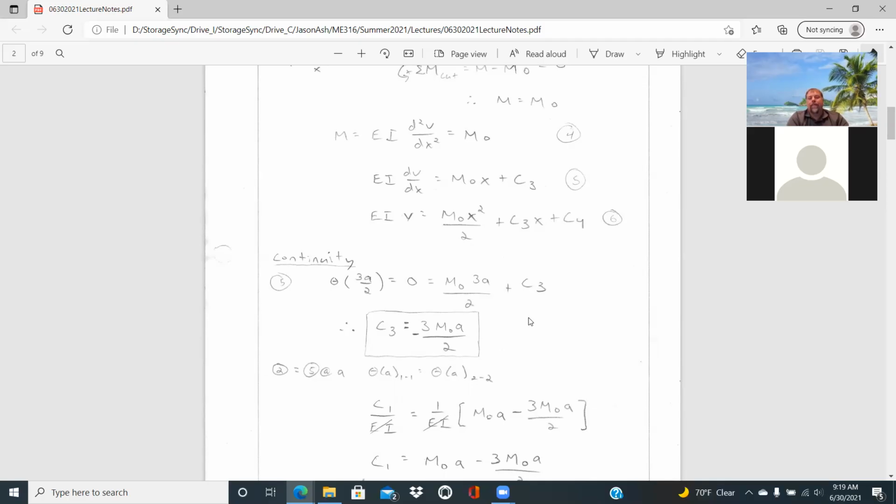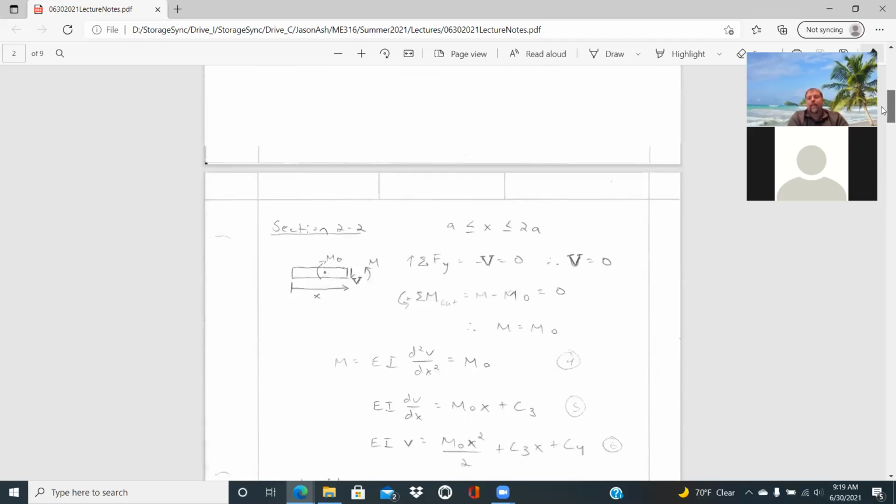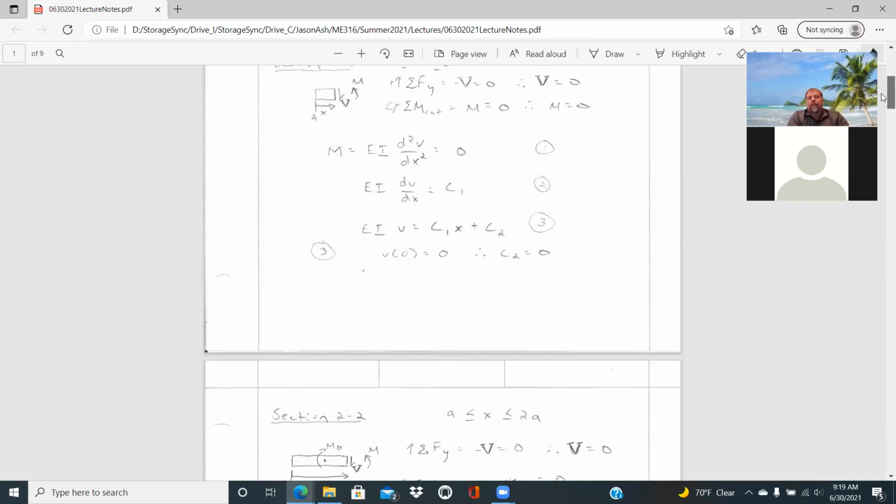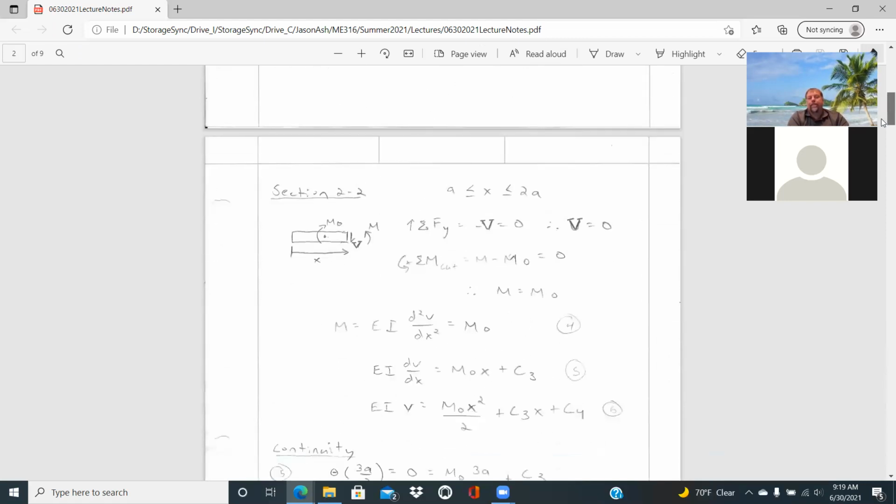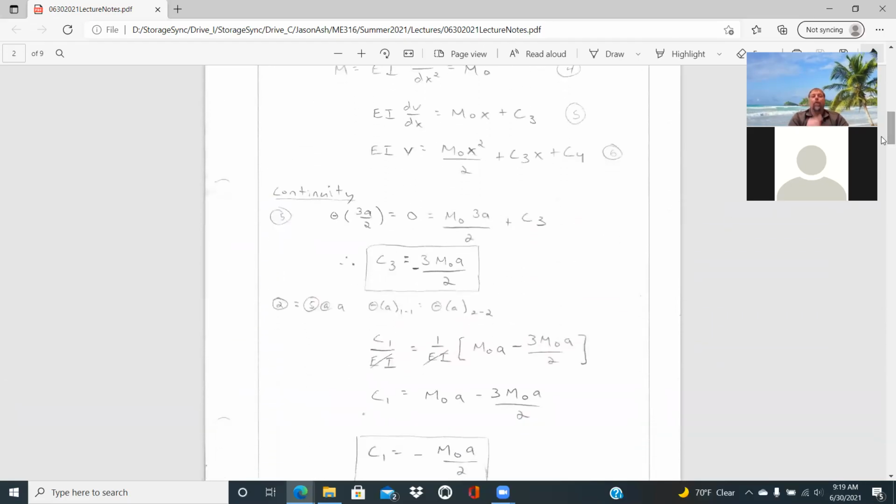And we still have two constants of integration to solve, C4 here, and then C1 on the previous page. And so that's where more continuity conditions come into play.